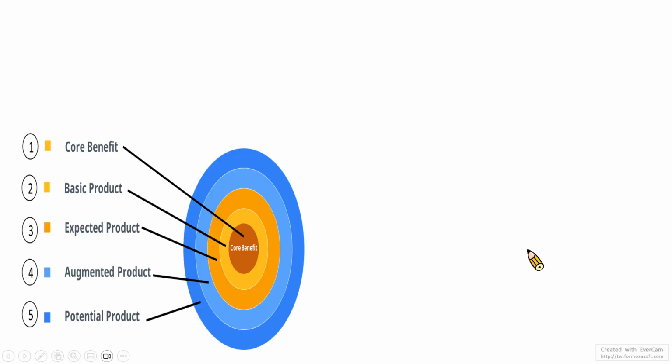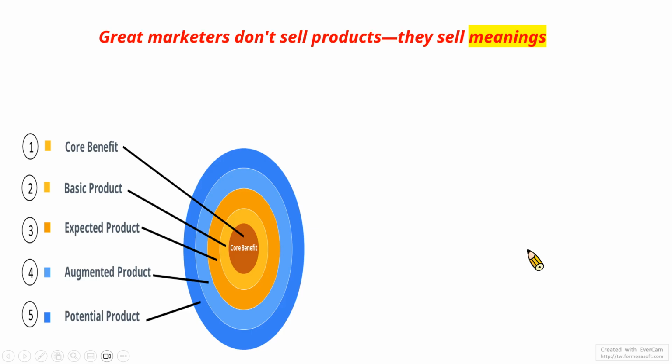For the topic of today, we introduce the first one, the 5 product labels. The 5 product labels include core benefit, basic, expected, augmented, and potential product. This is the first topic. And then we will know that great marketers don't sell products, they sell meanings.